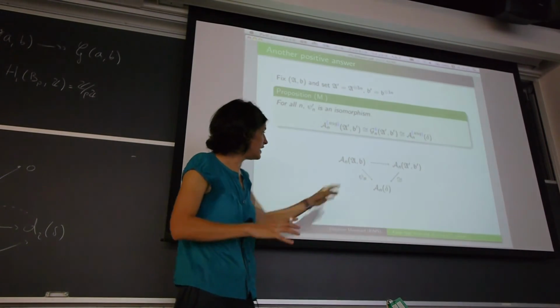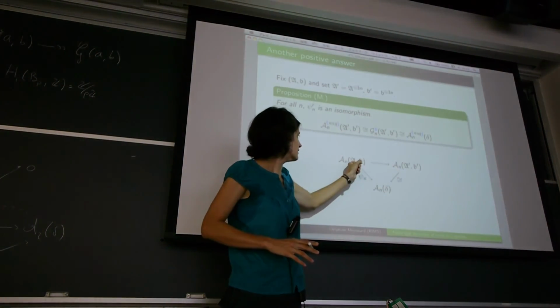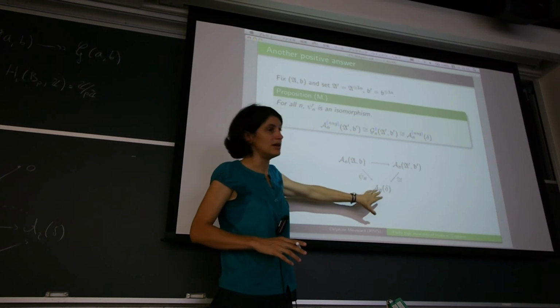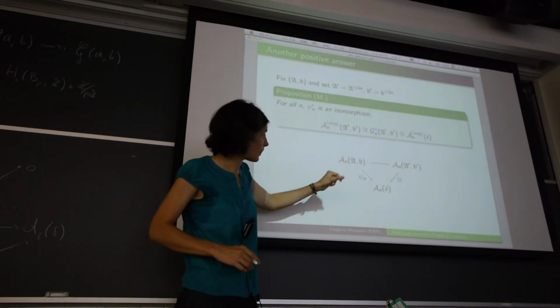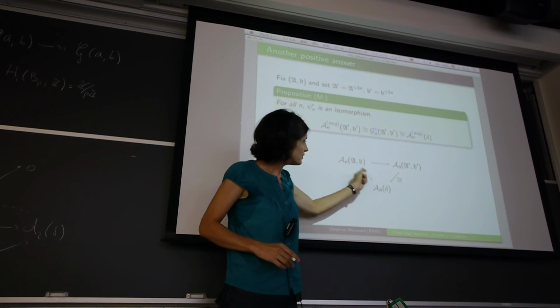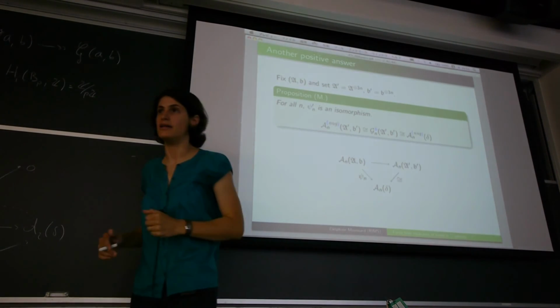And so this defines, it's very easy to check that the map is well defined, and that it provides a commutative diagram. And since there we have an isomorphism, we have a rewriting of our map psi n.